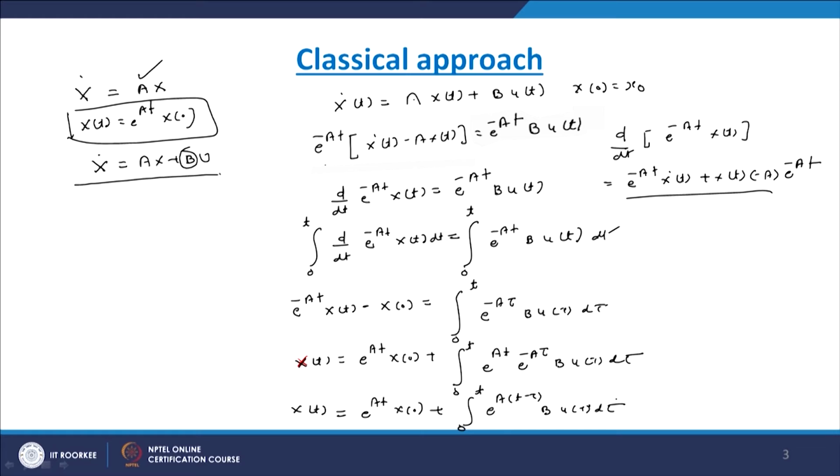So, here we have got the state equation, this is the state equation.